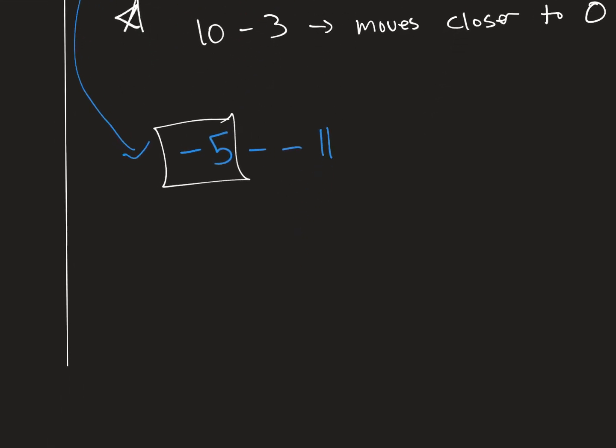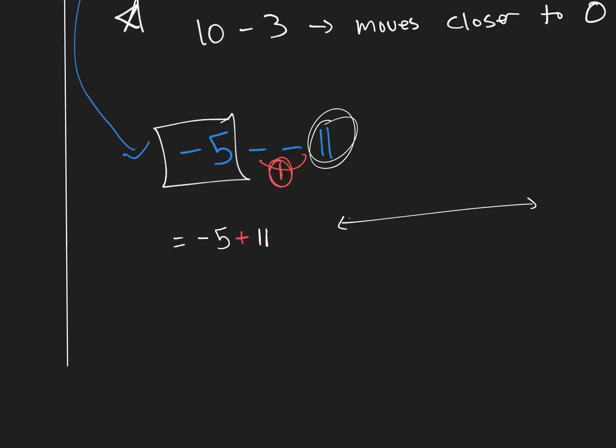If it's negative, it stays negative. If it's positive, it'll always stay positive. So what we want to do is rewrite this expression as -5, and since we are changing our doubles, we have our plus sign, and then we keep our 11 the same. Then we can solve on a number line.